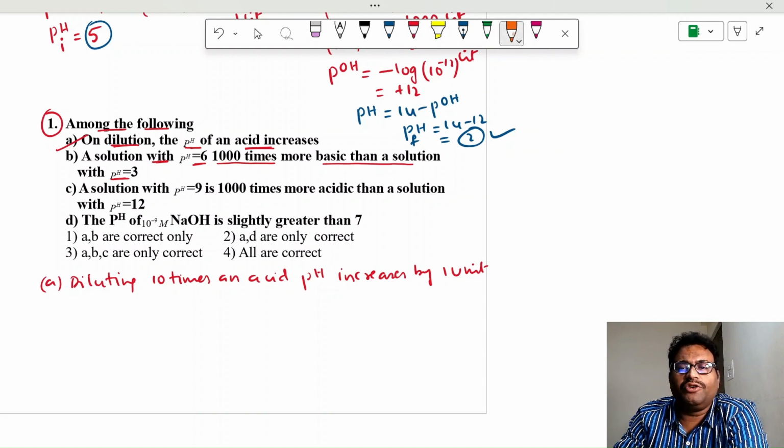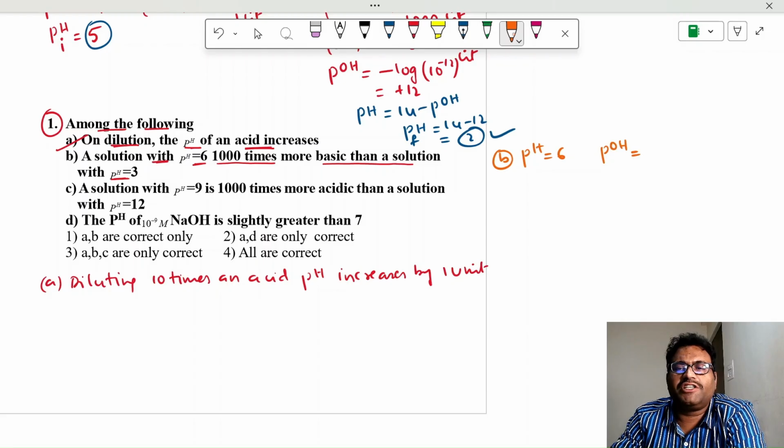So let us look into option B. A solution with pH equal to 6. That means pOH is equal to how much? pH plus pOH is equal to 14. Then this will be 8. OH minus ion concentration will be 10 power minus 8 molar.